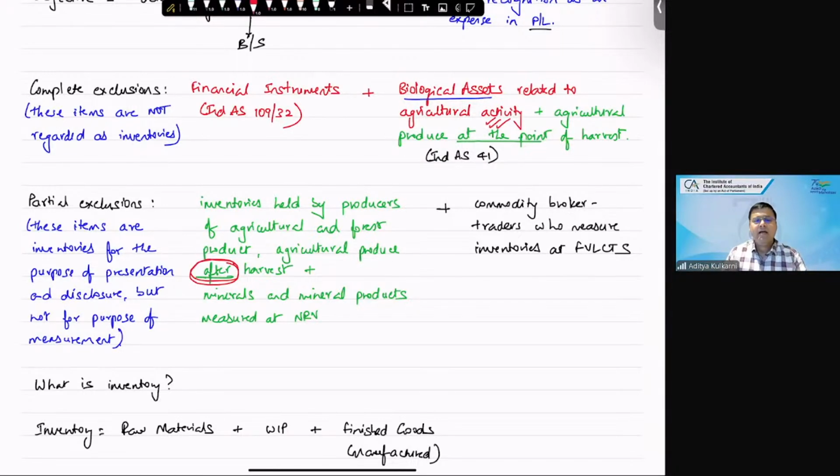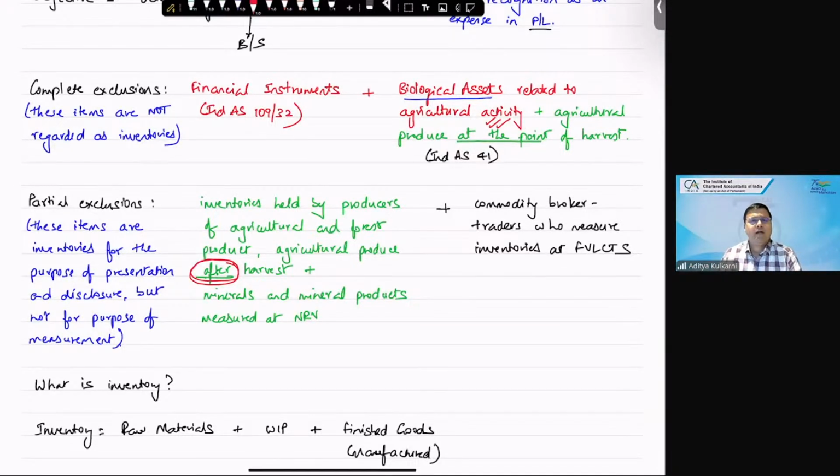Yes. And then you have two small exclusions just for theoretical purposes. Minerals and mineral products, which are measured at NRV. And the next one is commodity broker traders who measure inventories at FVLCTS, fair value less cost to sell. So who are commodity broker traders? They just buy and sell the goods on behalf. They make a small margin.